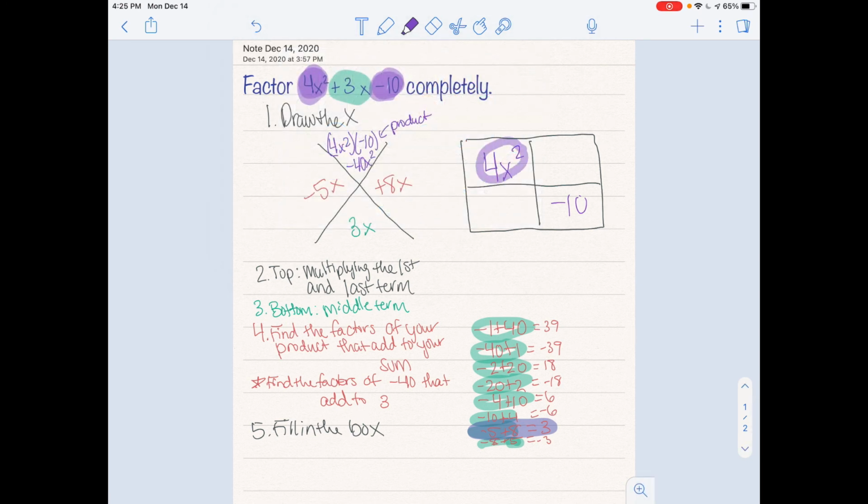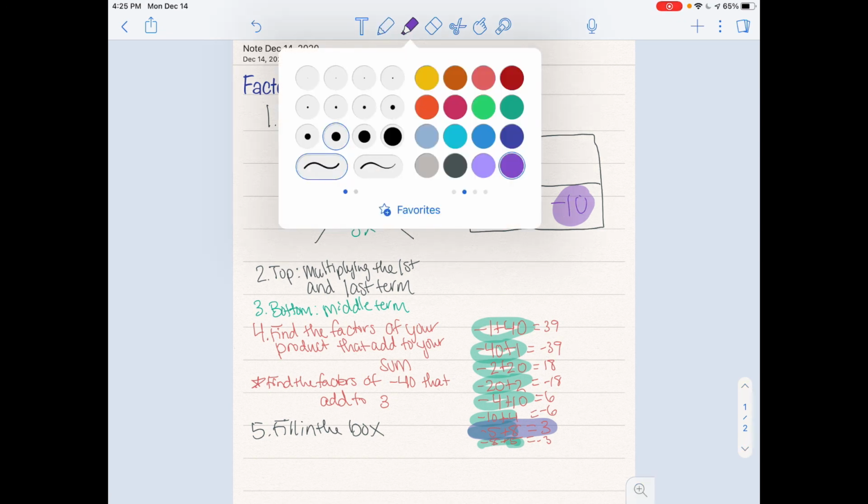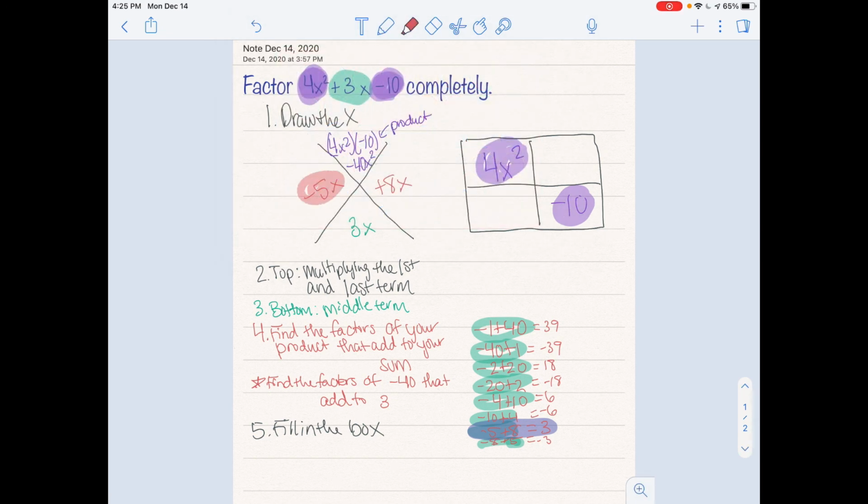And for the other two blanks in our boxes, we are going to take our two factors. It does not matter what order you put these in, whether you switch them around, as long as they are the factors that go in the remaining two boxes.